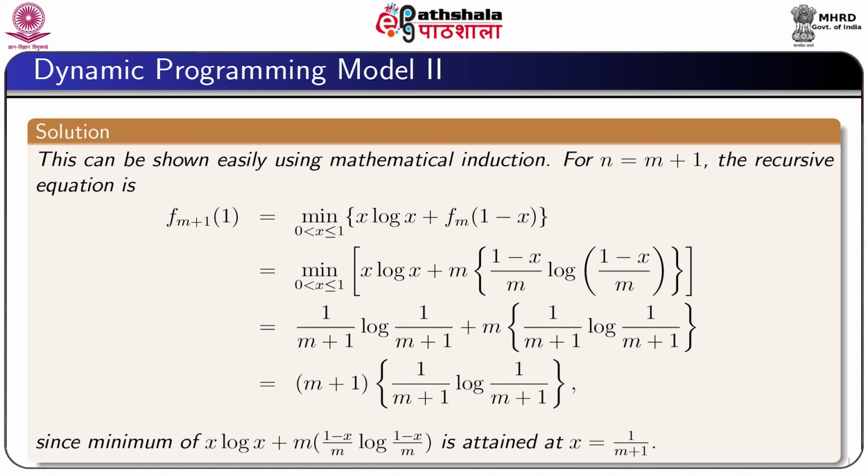And since the minimum of x log x plus m into ((1 minus x) by m) log ((1 minus x) by m) is attained at x equal to 1 by m plus 1, f(m plus 1) can be obtained as m plus 1 into 1 by (m plus 1) log 1 by (m plus 1).